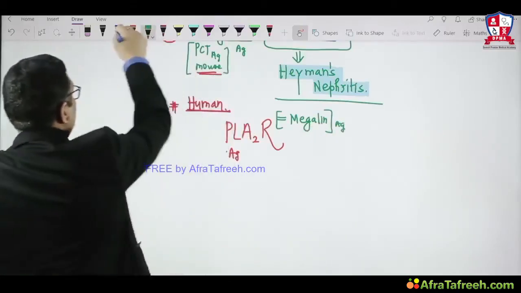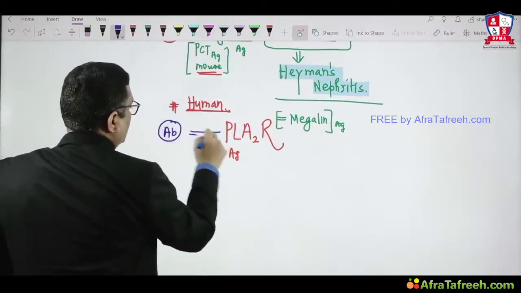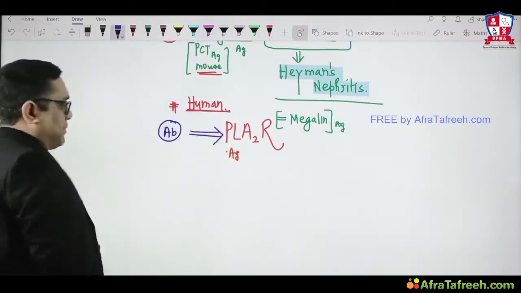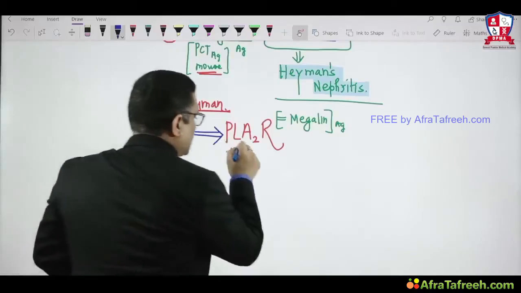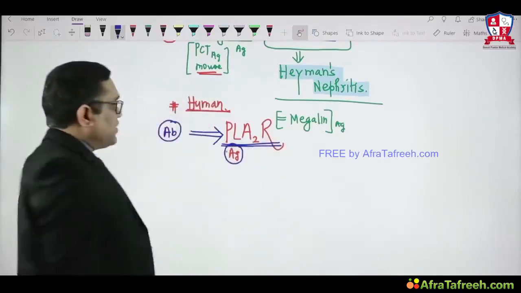Basically it is immune complex mediated, where antibodies are formed against the phospholipase A2 receptor, and the phospholipase A2 receptor works like an antigen for membranous glomerulonephritis.